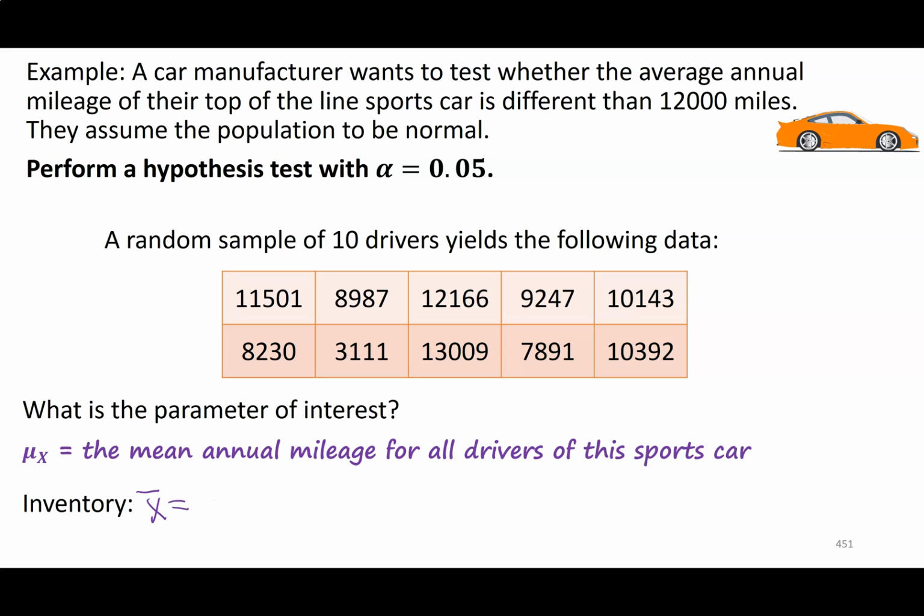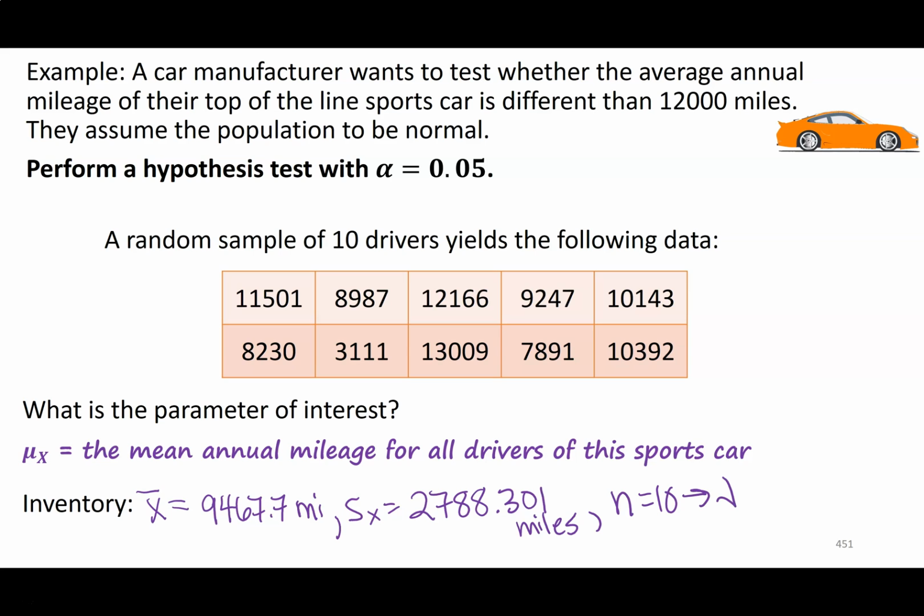X bar is 9,467.7 miles. S is still 2,788.301 miles. N is 10, which means our degrees of freedom is going to be 9.